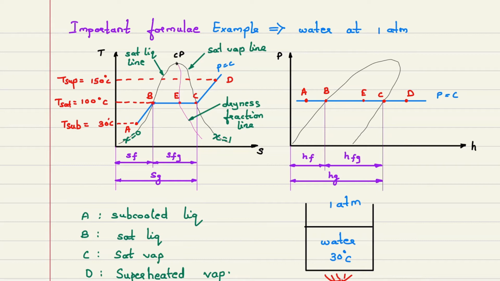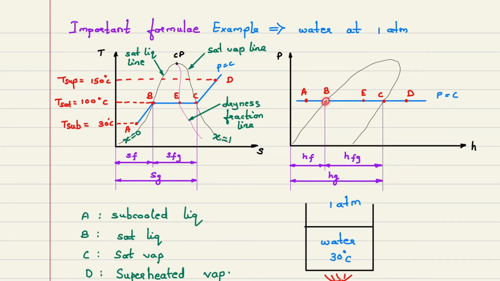Okay, and when a point is there on this saturated vapor line, we consider it as g. So what will be entropy of this point B? It will be s_f. What will be entropy of point C? Entropy starts from this point, so this total length will be s_g, and whatever the in-between part is there, inside the vapor dome, that is called s_fg. Now same thing here you can see on PH diagram.